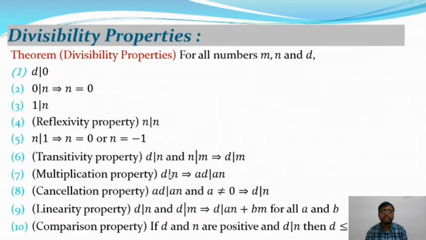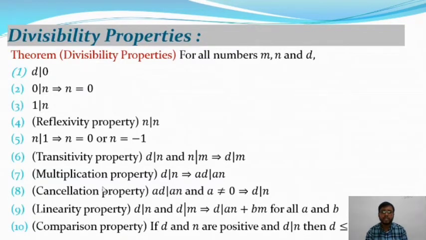That means d divides n implies ad divides an, where a is any number. Now move on to the next property, called the cancellation property. That means if ad divides an and a is not equal to 0, then d divides n.